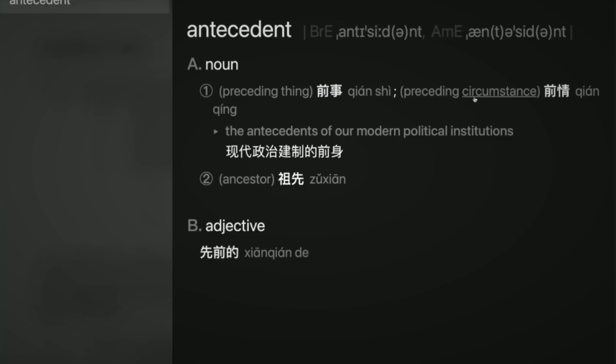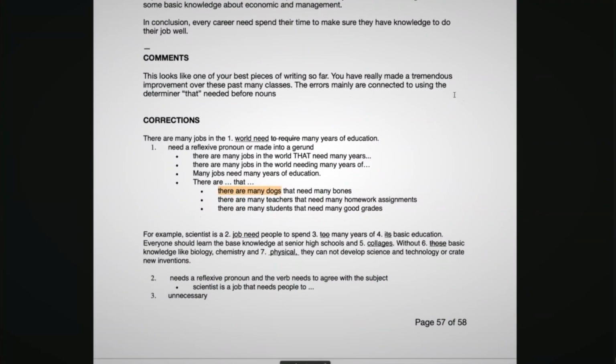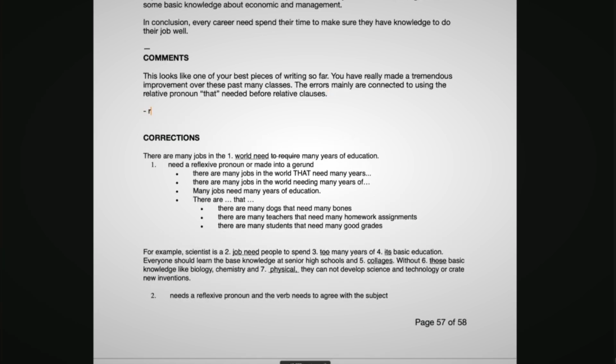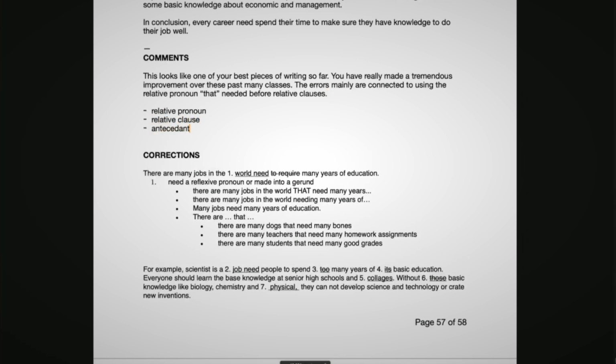So in grammar, the antecedent is needed before the relative pronoun, the relative clause.